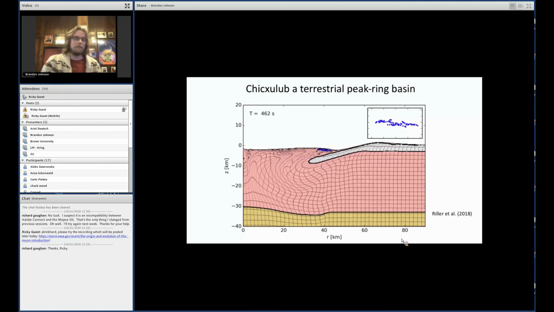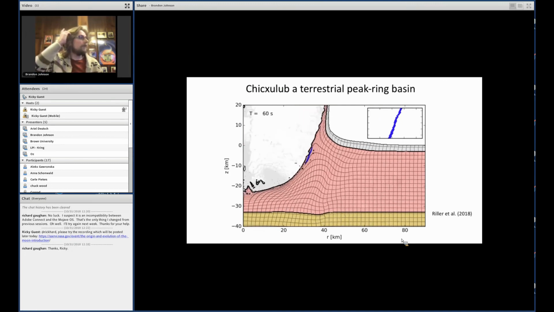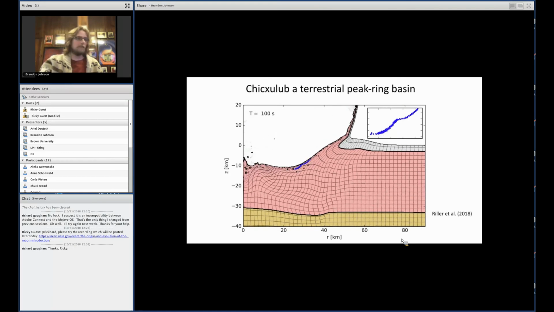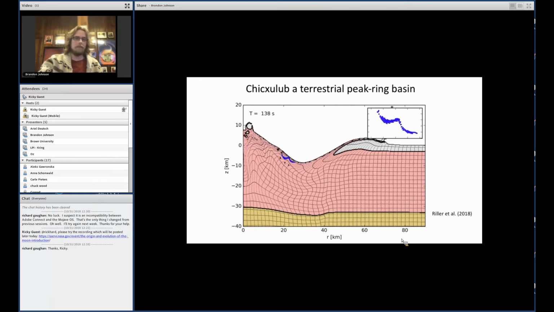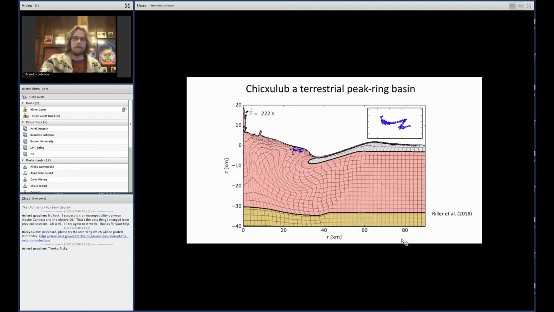That in this model is essentially what was drilled in 2016. So this is the dynamic collapse model for formation of peak ring basins. I'm going to play it again, or we just have a little bit of a time delay there.